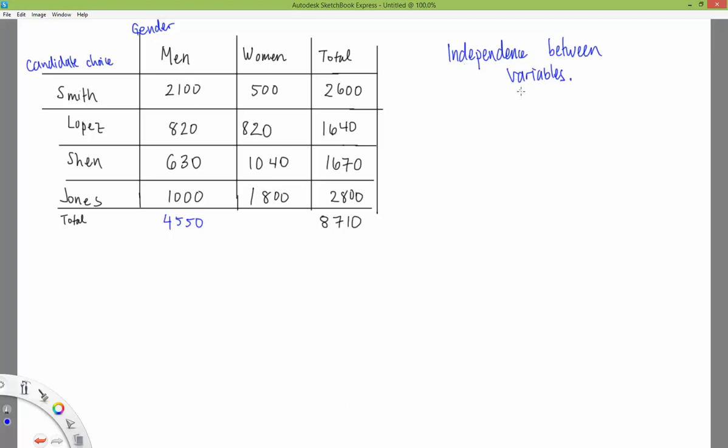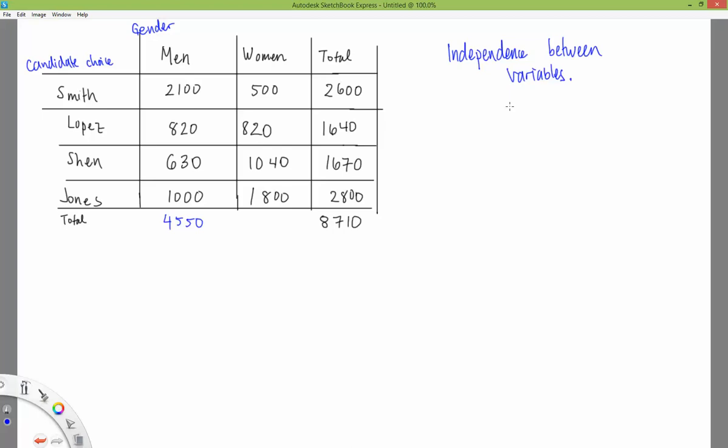Okay? So basically, in essence, we're asking something along the lines of, does being a woman make you more likely to vote for one candidate over another? Or does being male make you more likely to vote for one candidate or another? And from our table, I think we're going to see the answer is yes.